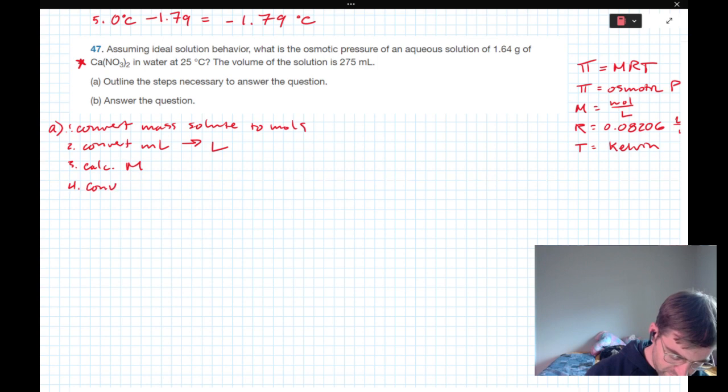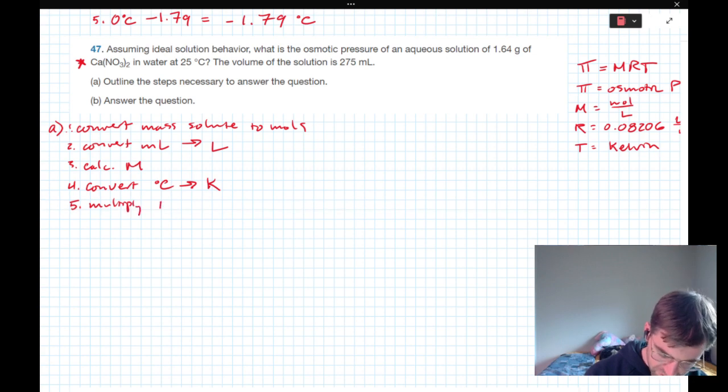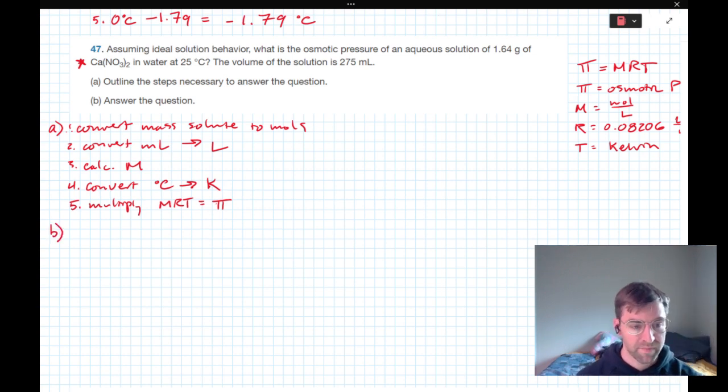We'll need to convert from Celsius to Kelvin because our universal gas constant is in degrees Kelvin. And finally, multiply to get our osmotic pressure.